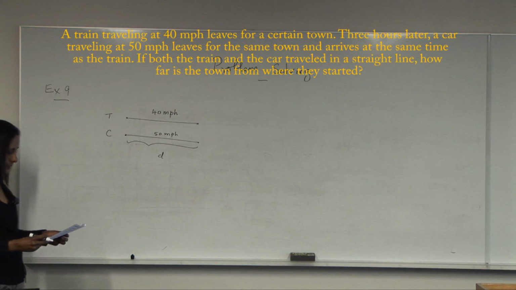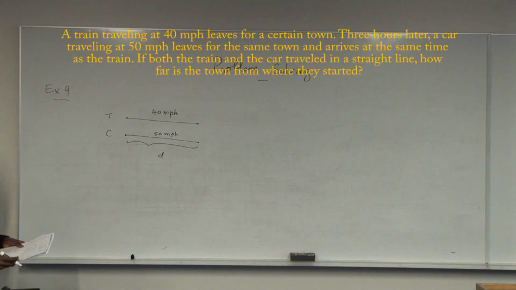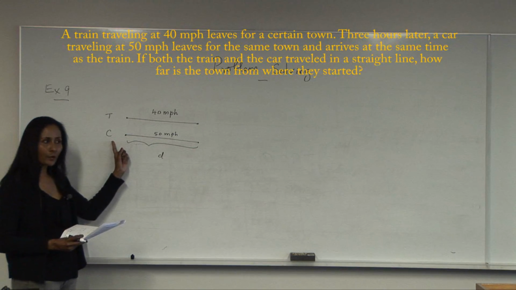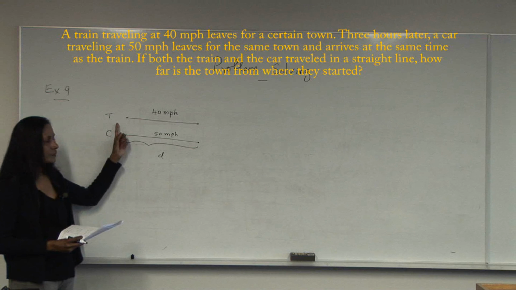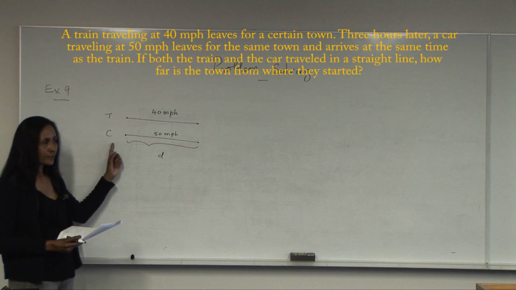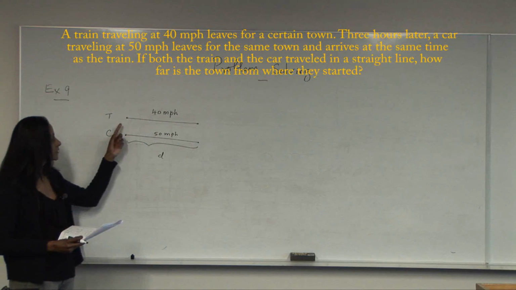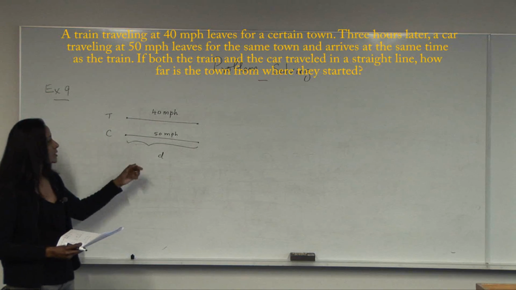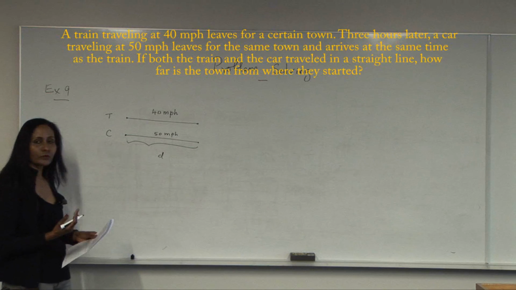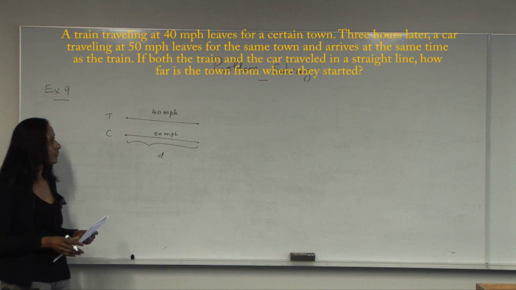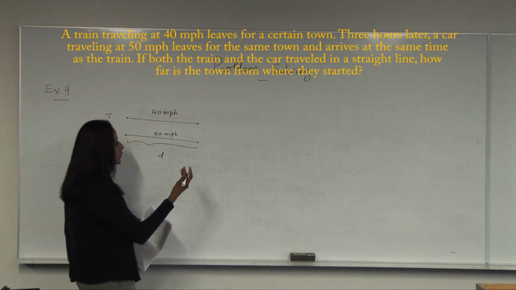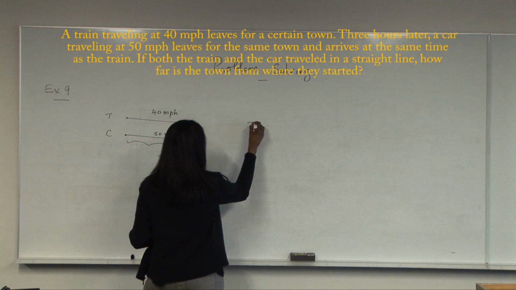So, how to solve this problem? Here you are given that the car travels 3 hours after the train started, right? So, do we know the time for the train? How many hours it took for the train? No, we don't know. So let's say it is X hours.